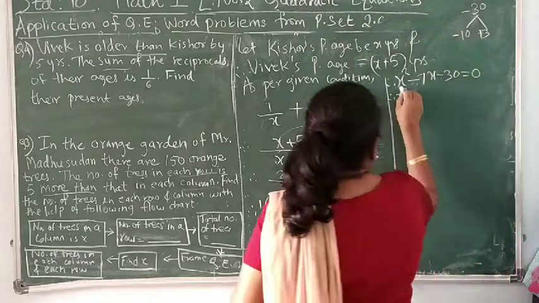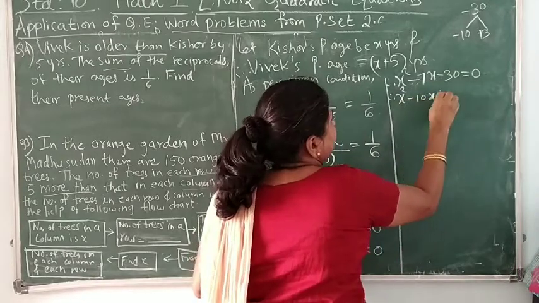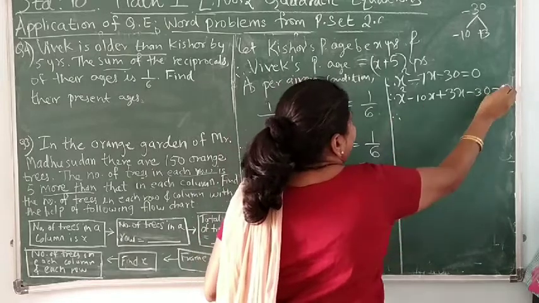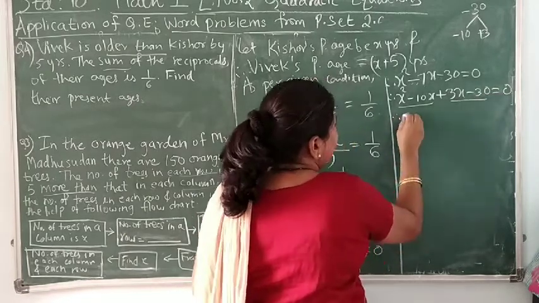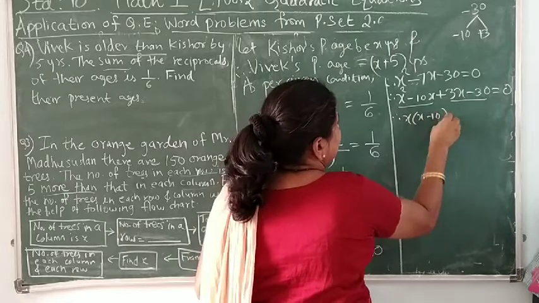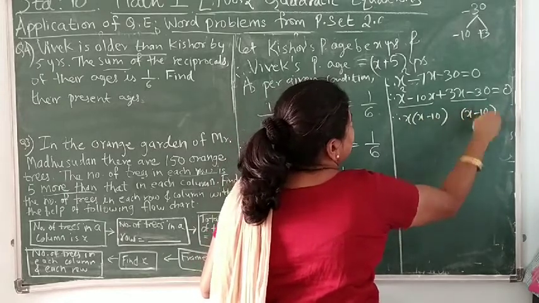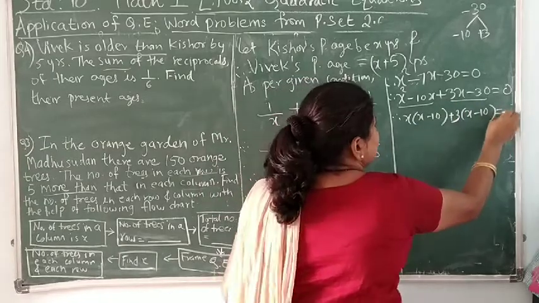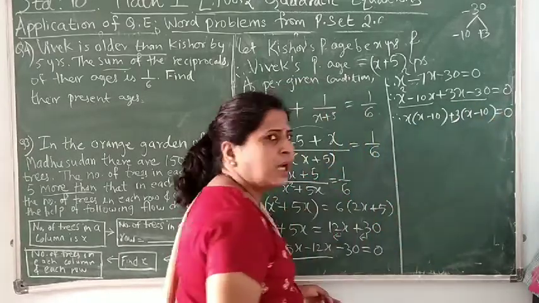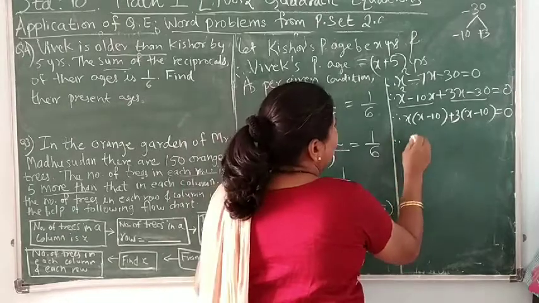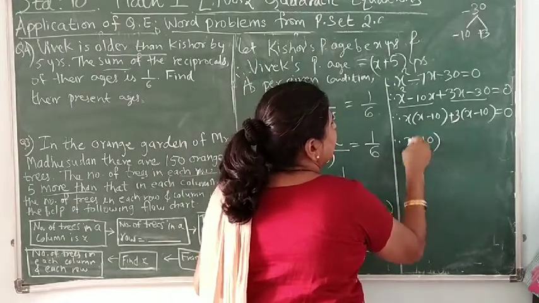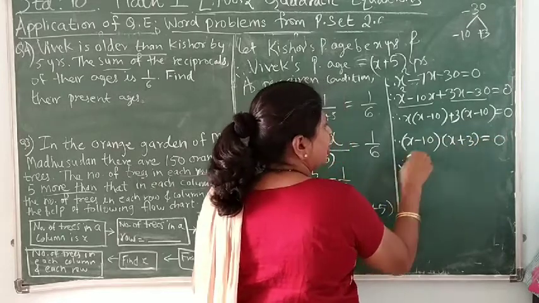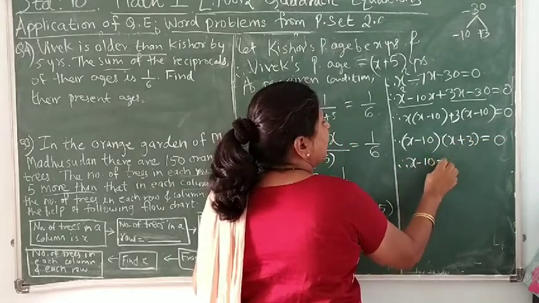Therefore, x square minus 10x plus 3x minus 30 is equal to 0, and therefore taking x common, x in bracket x minus 10, write the same bracket x minus 10, here what remains, plus 3, correct, is equal to 0. We have done it many times now, we are used to how to do it. So x minus 10 is one bracket and the other bracket is x plus 3 is equal to 0. The product of two brackets is 0, so one of the brackets should be 0.